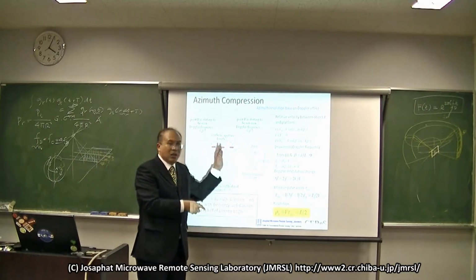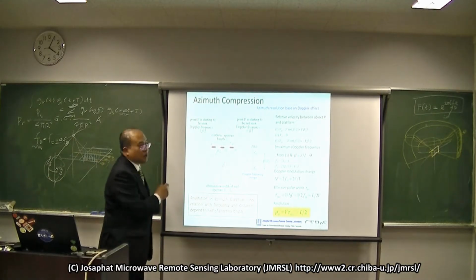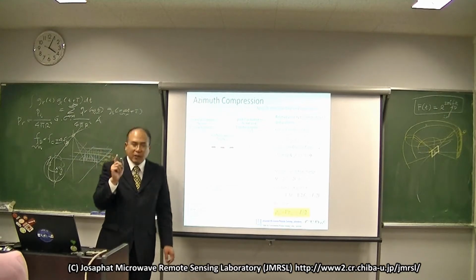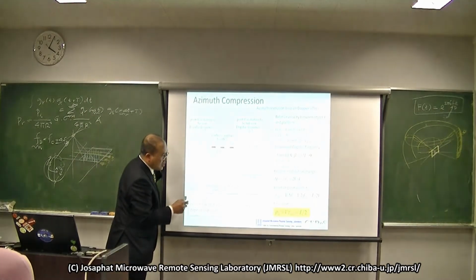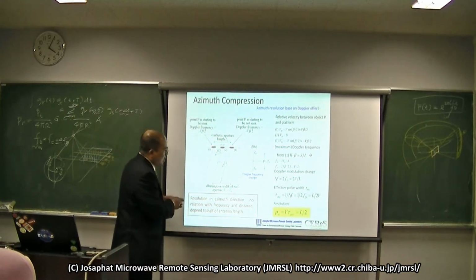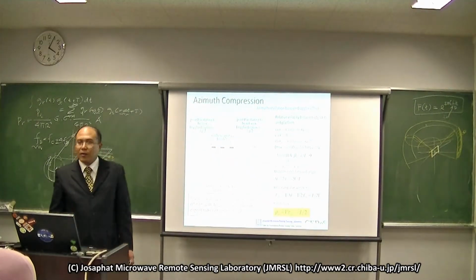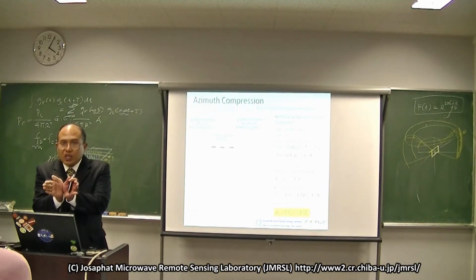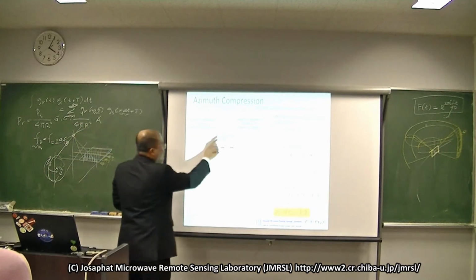This length we call the synthetic aperture length, LS. This LS is almost the same as the illumination width of the real aperture, so the beamwidth is almost the same as the synthetic aperture length.